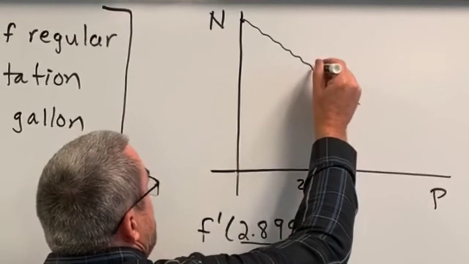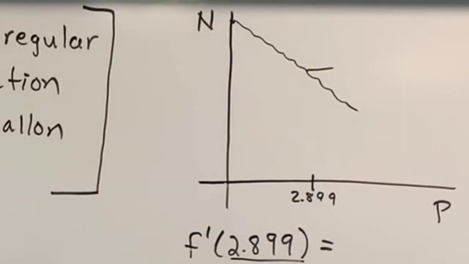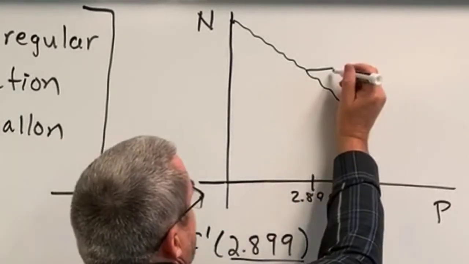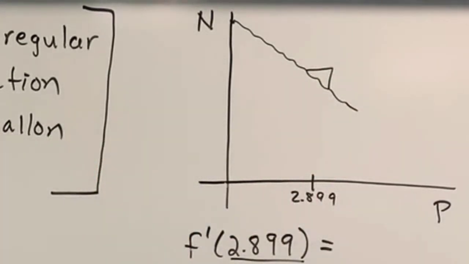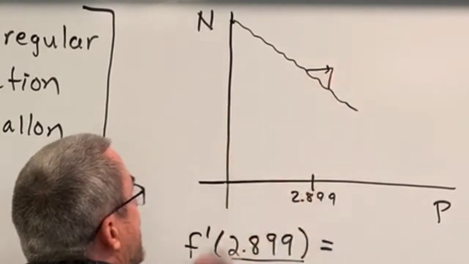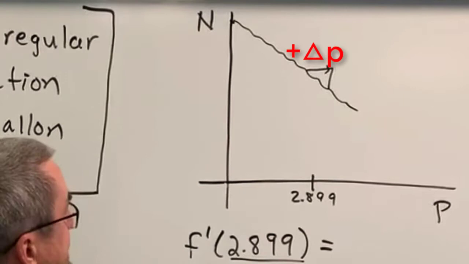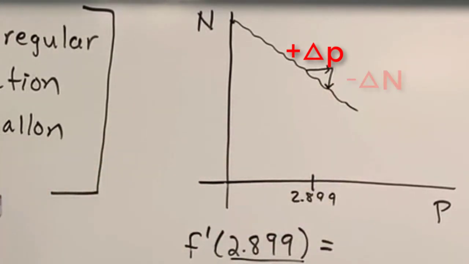That is, if we change the price, that value of h, that delta x we were talking about before, if we change the price by some amount, the number of gallons of gasoline will change by some amount. And in this case, if we increase the price, then the number of gallons sold will decrease.